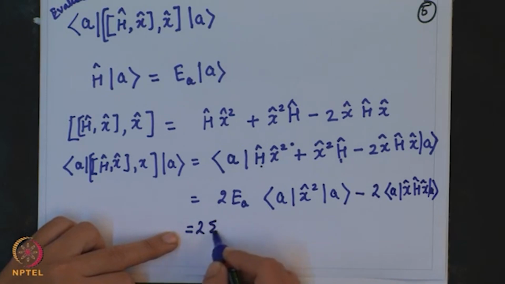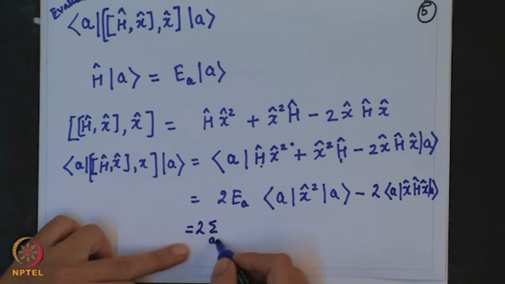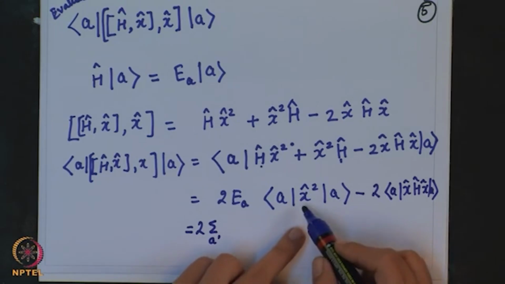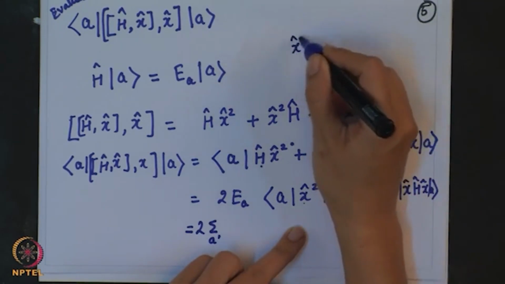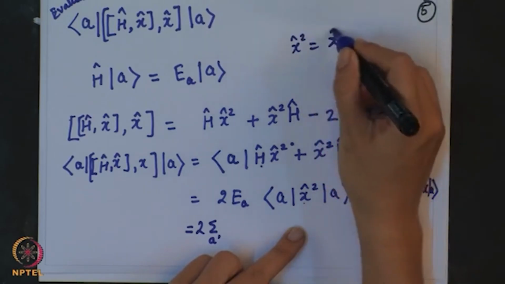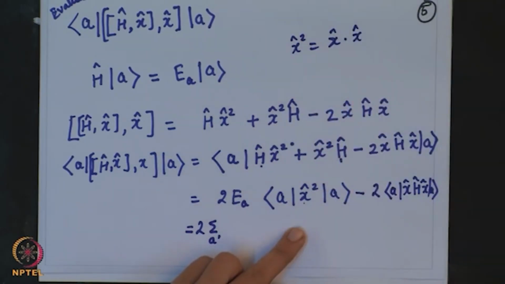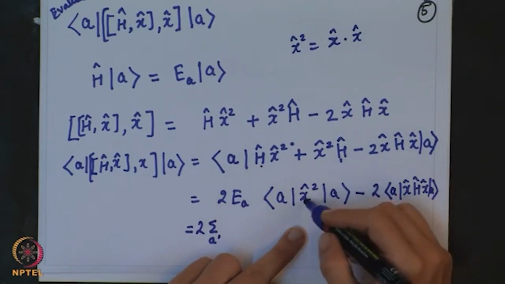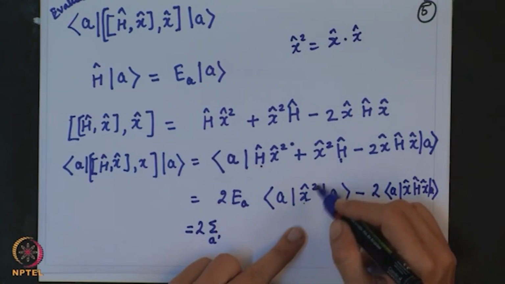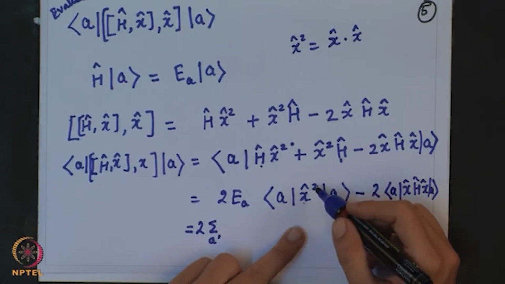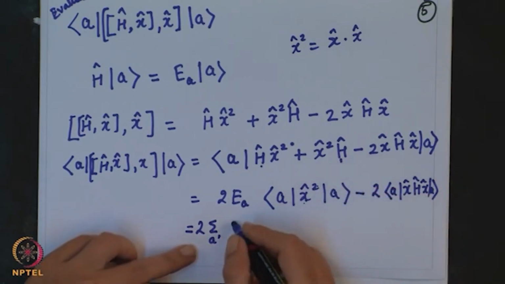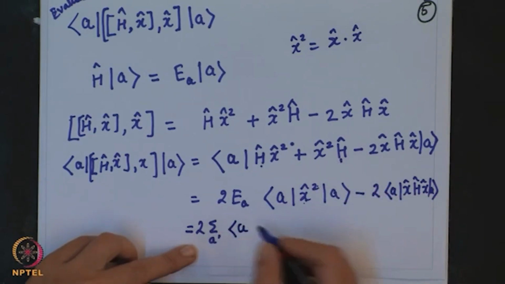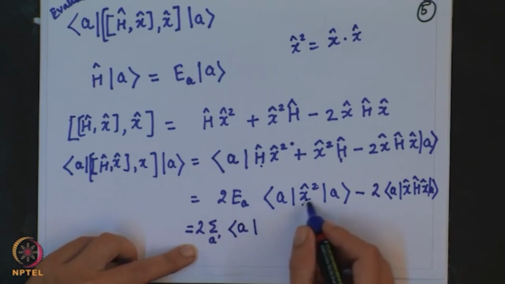Now, what we do is, this x operator squared can be written as x times x. Between these two x operators, I can insert a complete set of eigenkets, such that I have |A'> between x and x.